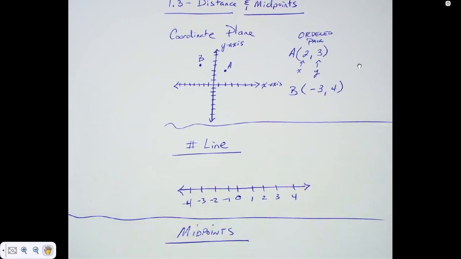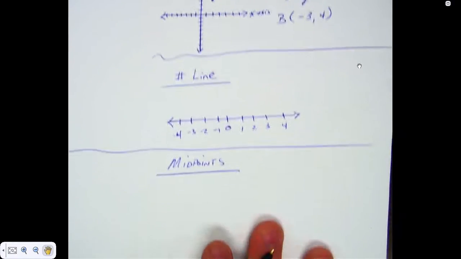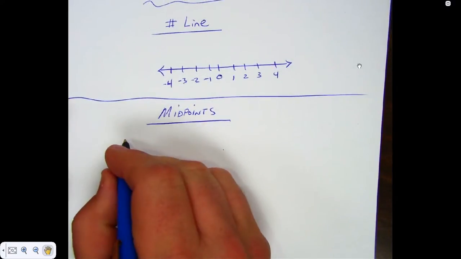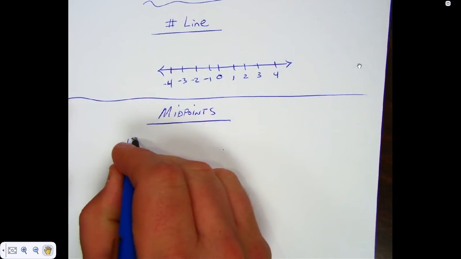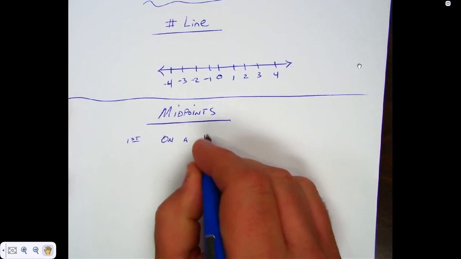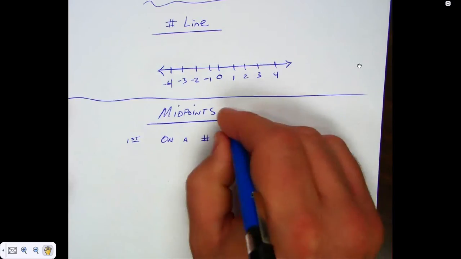Next thing we're going to talk about is midpoints. Has everybody got the coordinate plane down? Can I move up here now to this? Yeah. Midpoints. First, we're going to talk about them on a number line. What is a midpoint?